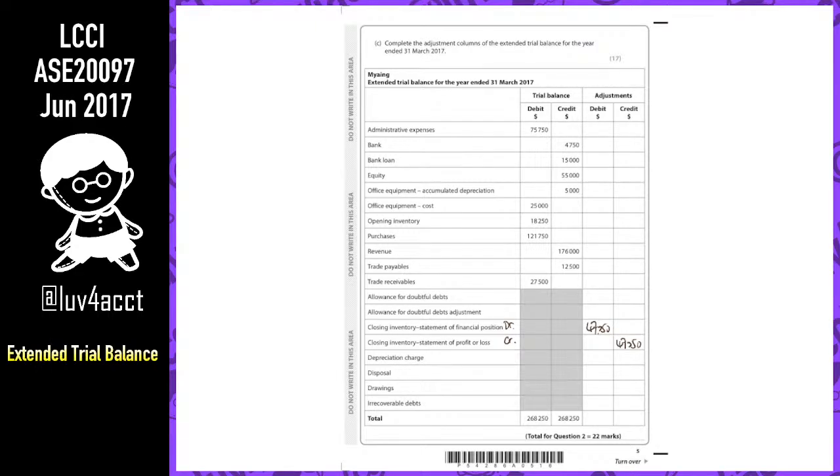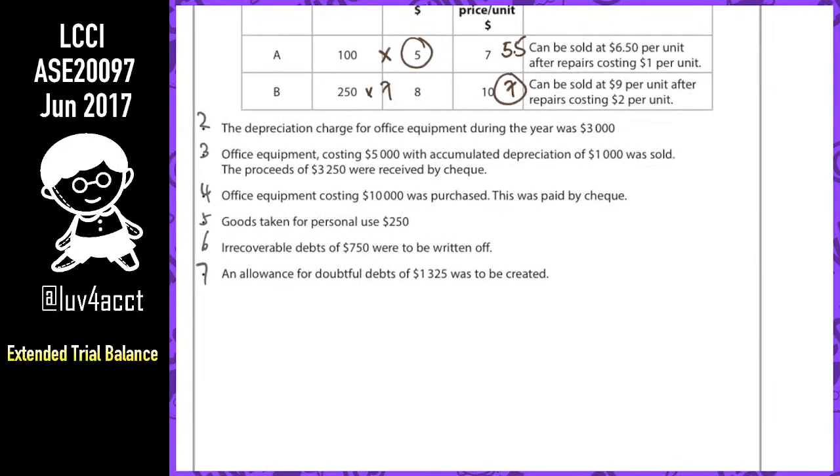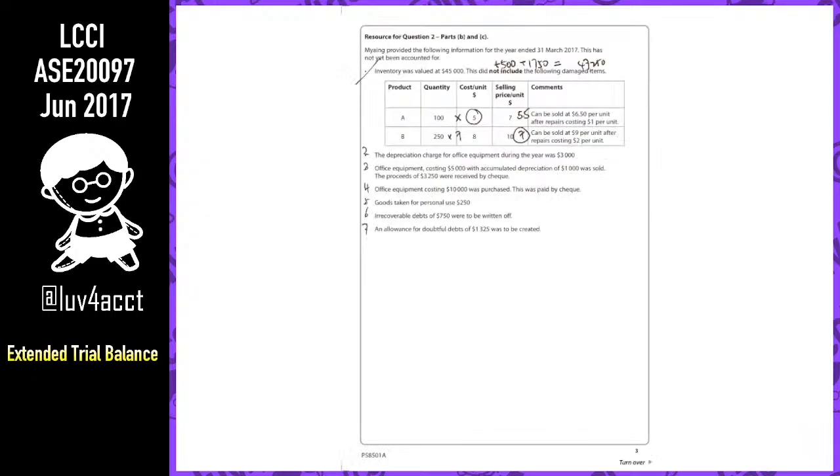So next one, item 1 done. Item 2, depreciation charge for office equipment during the year was 3,000. Given to you directly, 3,000 for office equipment, but then we still have one more item. Let us finish this as well, 2 and 3.